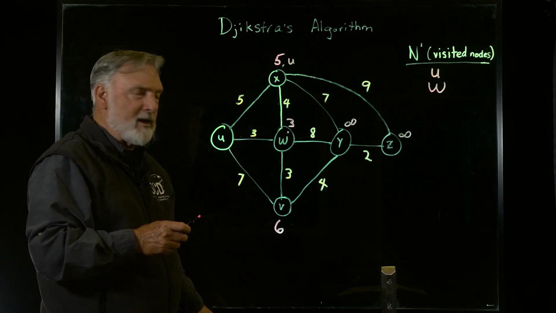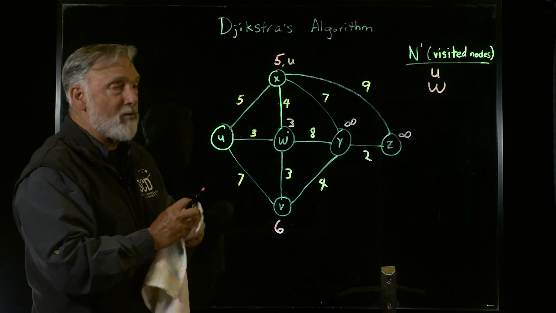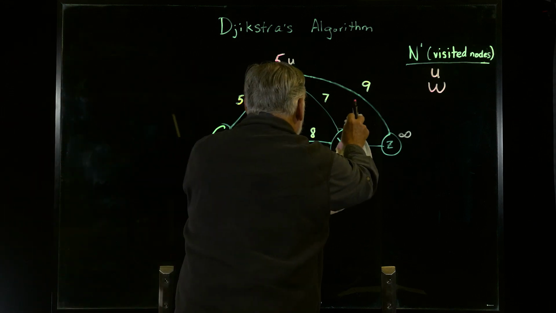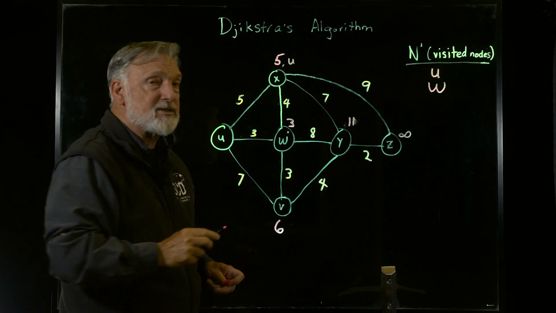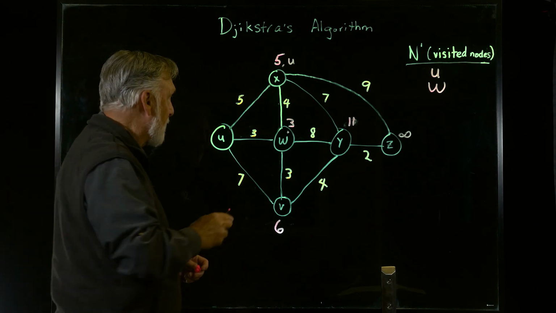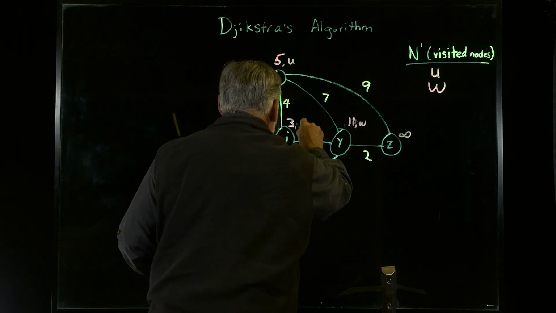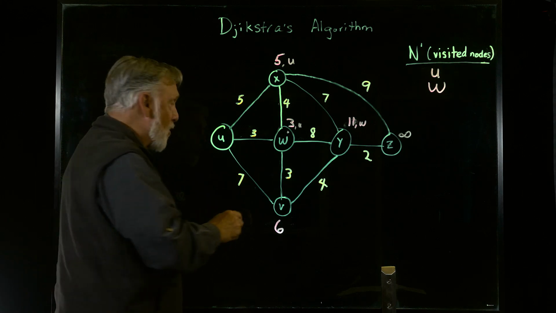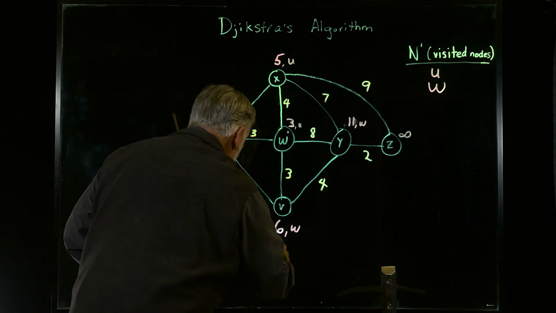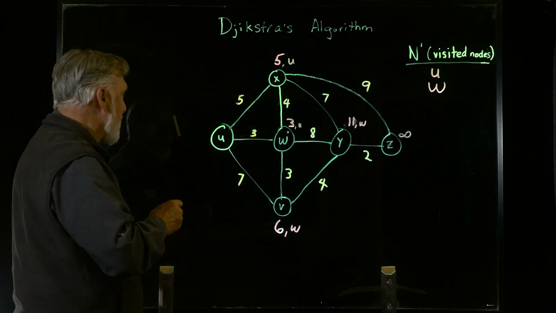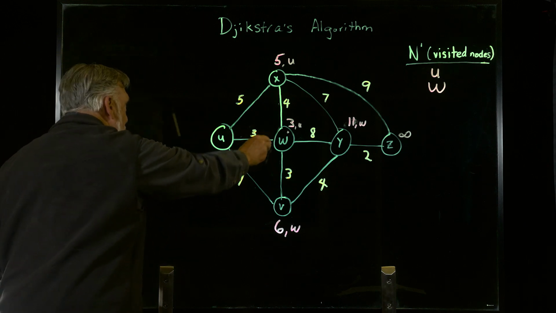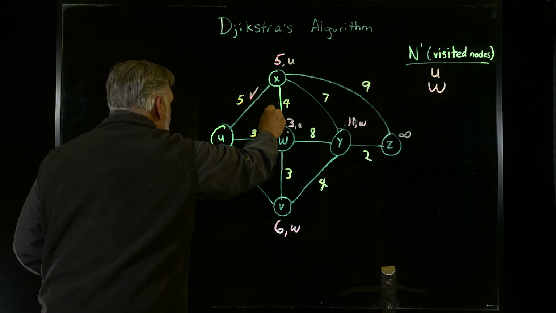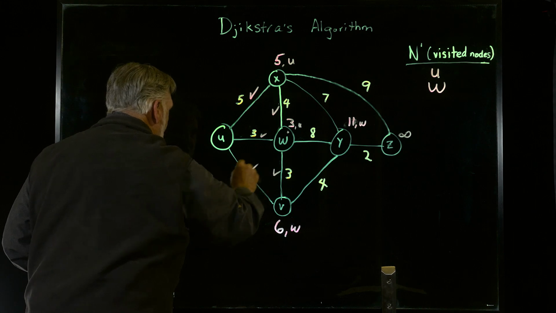So we know more than we knew before, so we can erase the infinity and put down the tentative cost to Y as 11, going through W. And right here, for V, I need to put down that we were going through W. So at the moment, what have we checked out? We visited 2 nodes, and we've checked out these links so far.